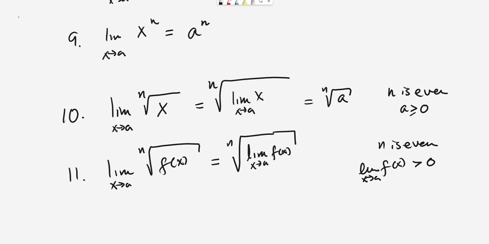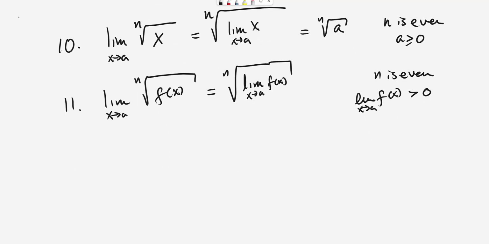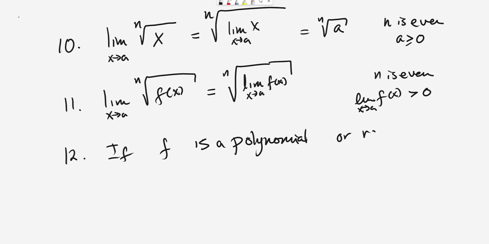One final law for using limits and applying them to more complex functions is the direct substitution one. So we can call this rule number 12. If f is a polynomial, or a rational function.